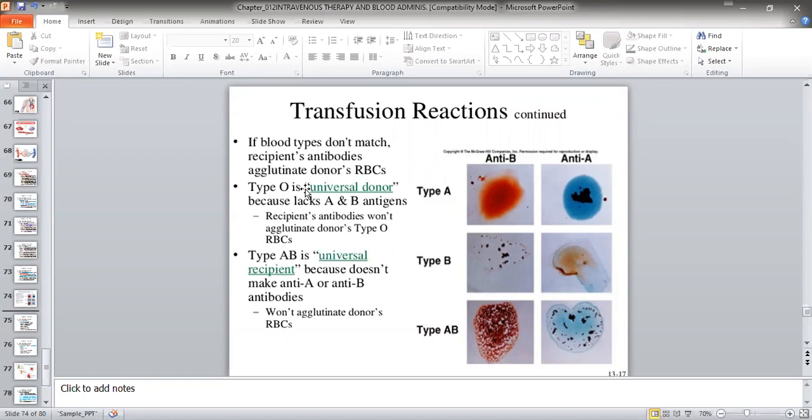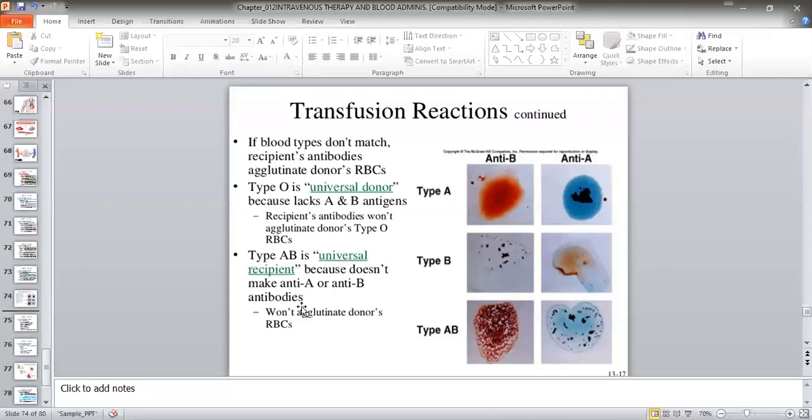If I ask you what blood type is considered universal and can be used for all other recipients, it is type O negative, right? What blood type is considered the universal recipient and can receive all blood? It is AB positive.